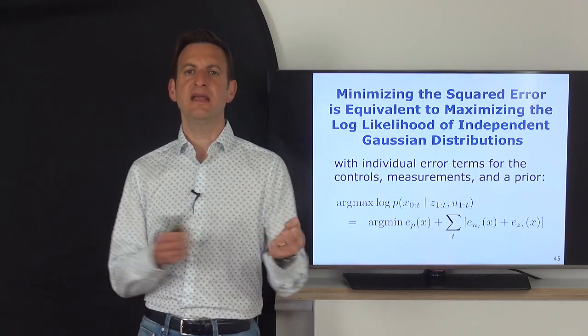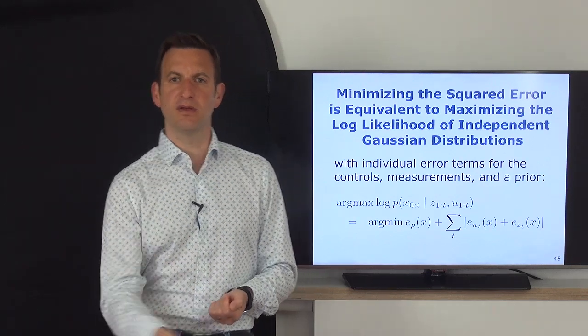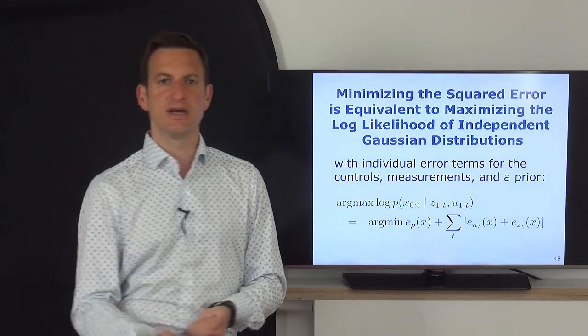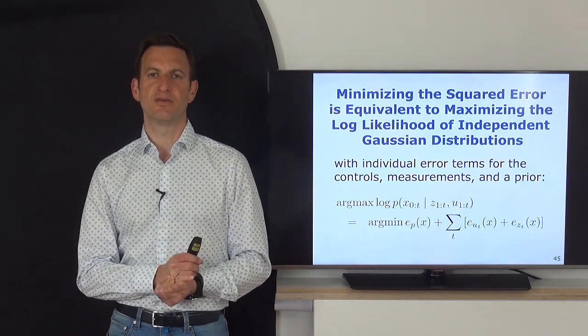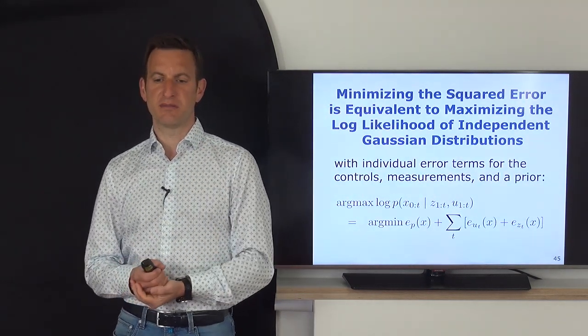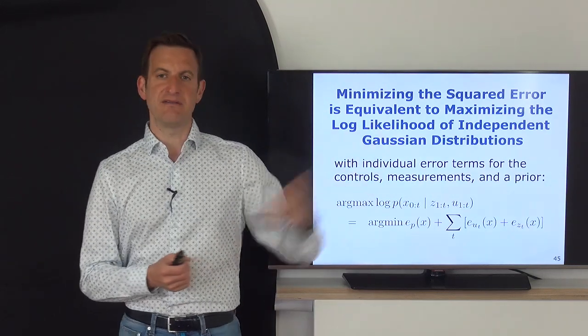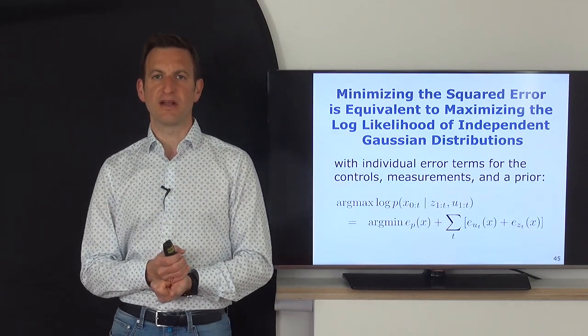And so that's actually the link between both of them. If I'm computing the minimum error configuration, I get the mean of this Gaussian distribution. So by performing this error minimization, I actually have a direct link to probabilistic state estimation.